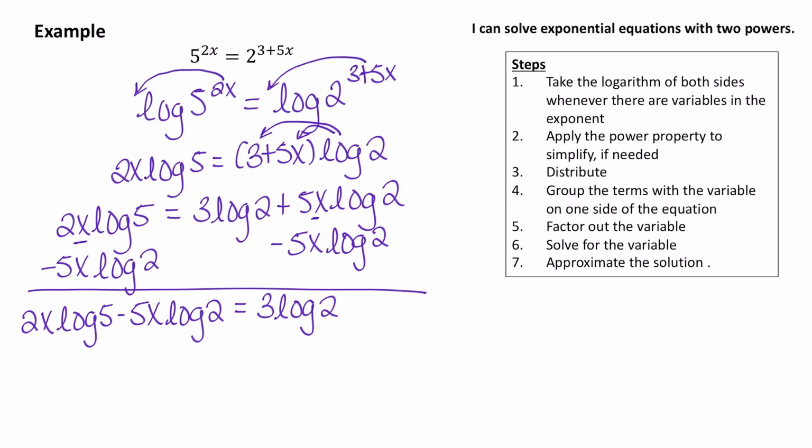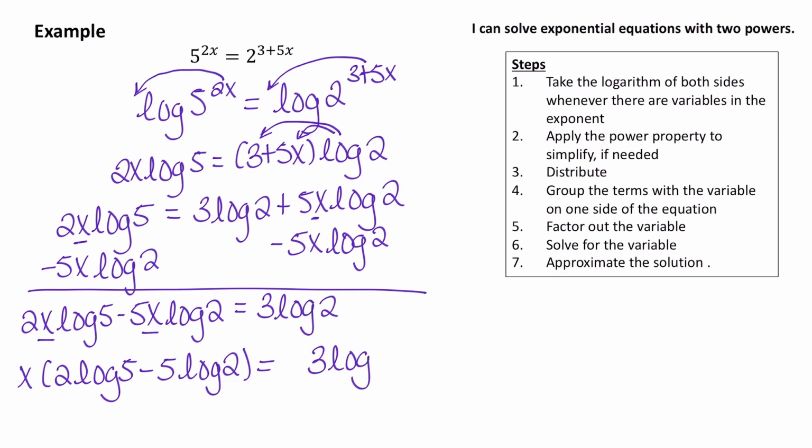Okay, so notice I have two terms that have an x in them, right? So I'm going to factor that x out. So we have x times 2 log 5 minus 5 log 2 equals 3 log 2. Now I'm going to get that x by itself by dividing both sides by 2 log 5 minus 5 log 2.